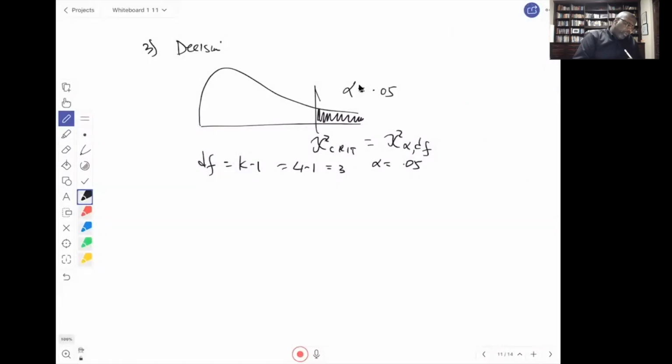All right, so chi-squared critical is chi-squared 0.05, 3 equals 7.81, I believe it was. And so if chi-squared observed is greater than or equal to 7.81, reject the null hypothesis. Otherwise, fail to reject.